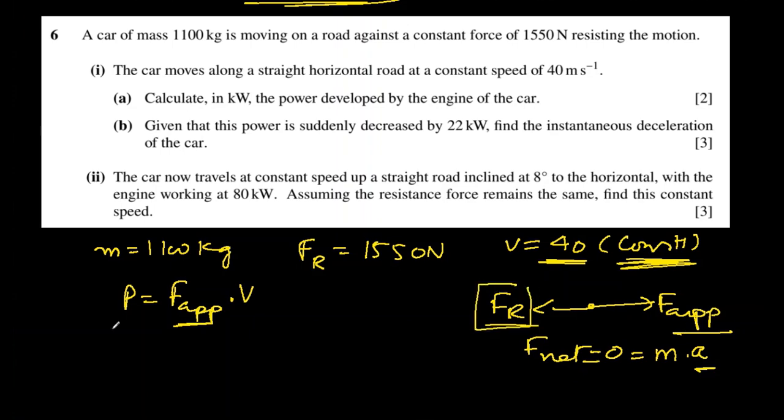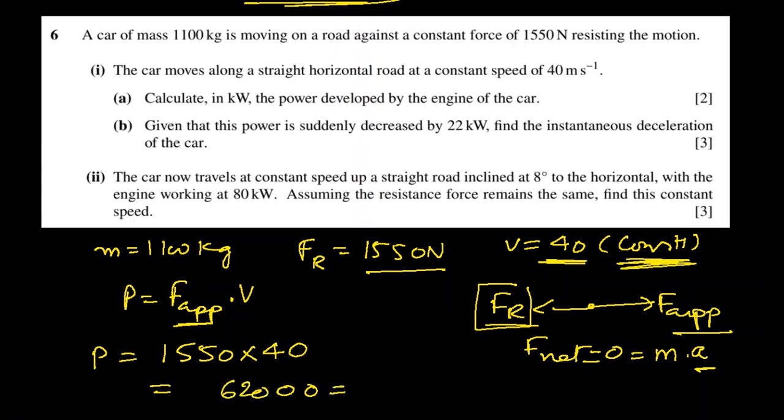They're asking calculate in kilowatt the power supplied. So power will be, applied force same as the resistive force, 1550 multiplied by 40. So it will be 62000, or 62 kilowatts.